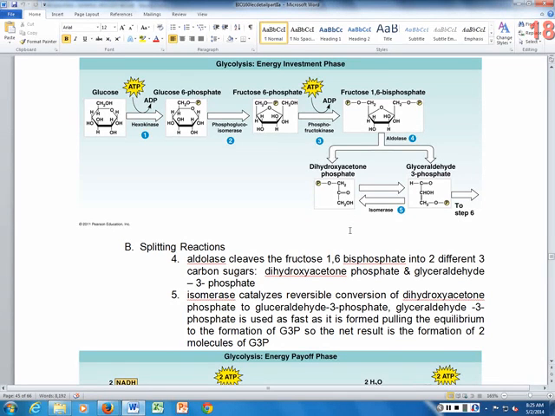This is the one that moves on to the next step. So all of this is going to get converted into this. This step here is possible, you just never see it happen because you always continue to use this one. So far makes sense? You've got to put energy into this to split it in half. Okay.